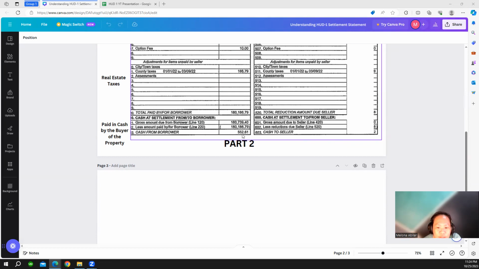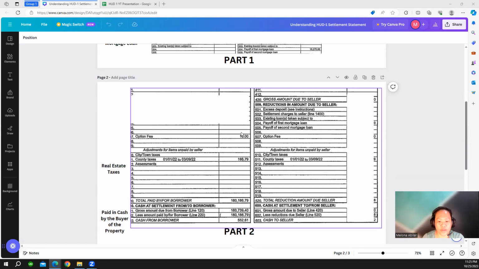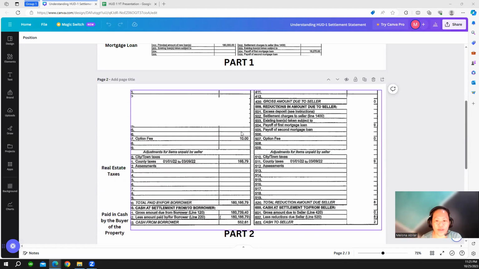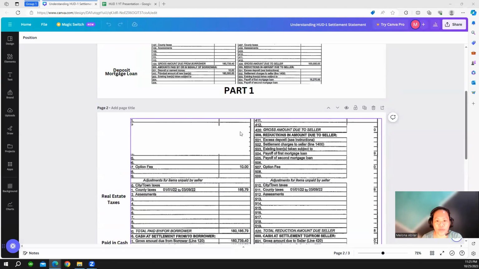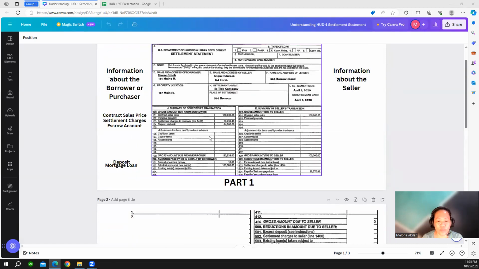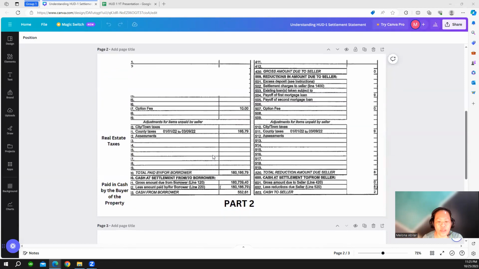Normally this amount will be matched in your QuickBooks account or zero account wherein you pay 552.61.